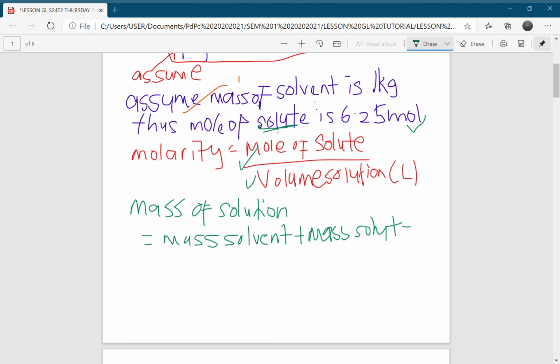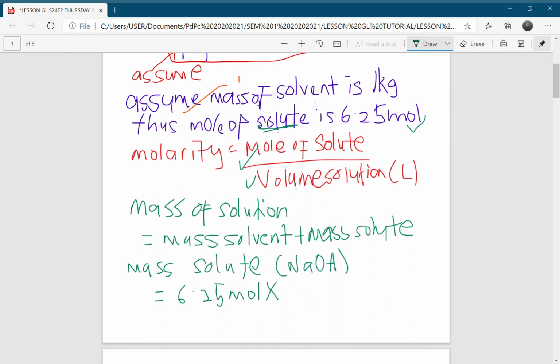So right now, find out first the mass of solute. The mole here is 6.25 mole times the molar mass of sodium hydroxide.